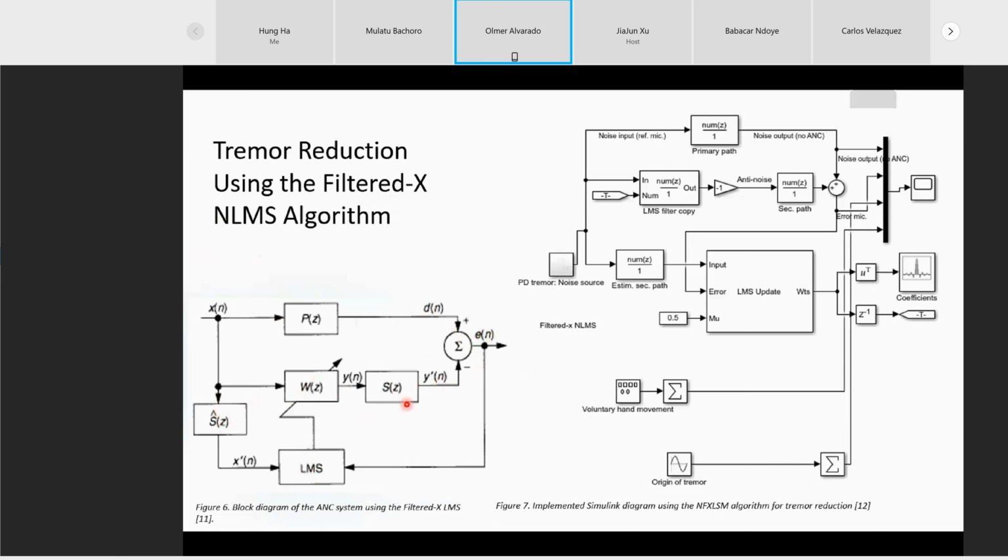And so, this algorithm has this loop which can be used to minimize the residual signal. Later we will explain how we use this filter algorithm for our project.